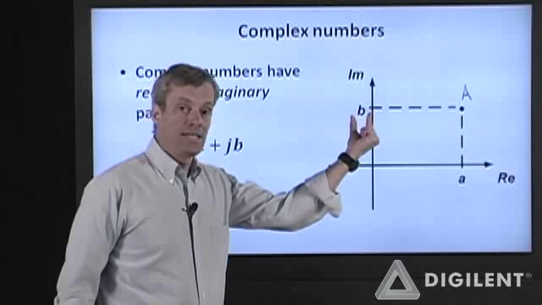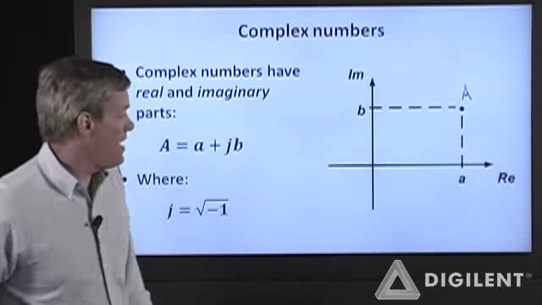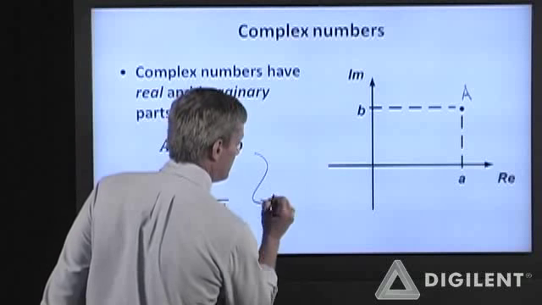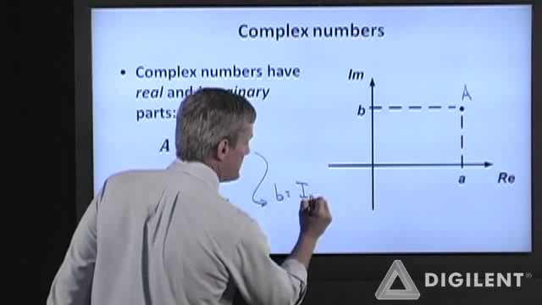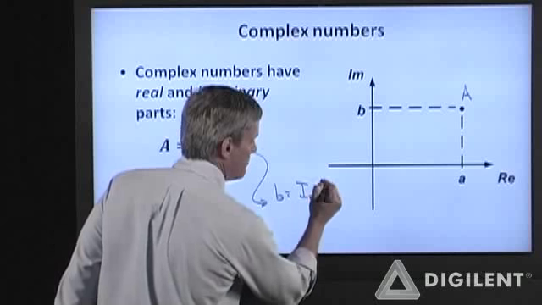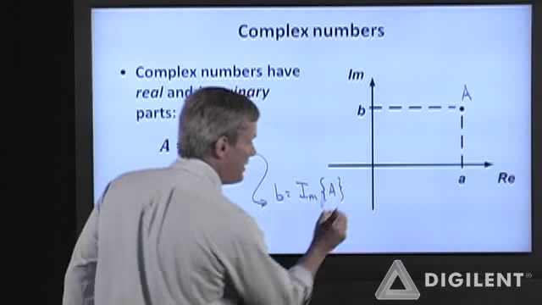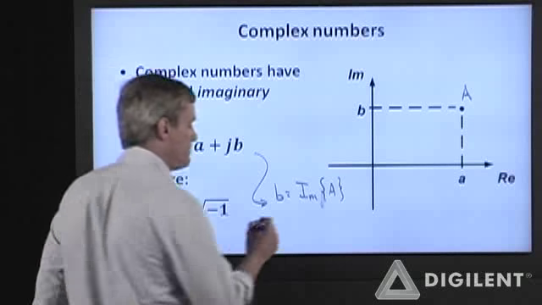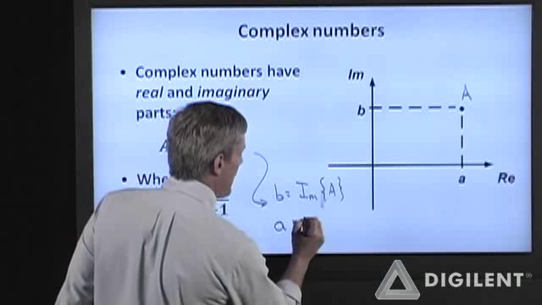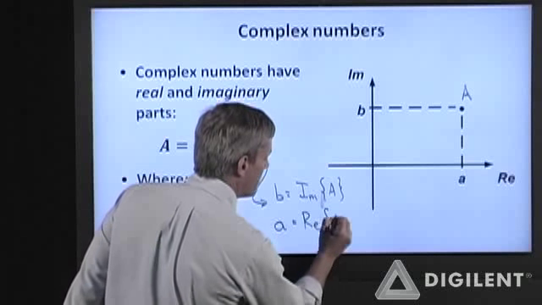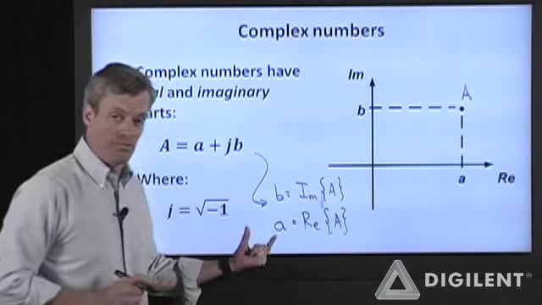Notice b is the imaginary part of A. That is represented by Im, generally with curly brackets, A. So the imaginary part of A is b, and little a is the real part of the complex number A.